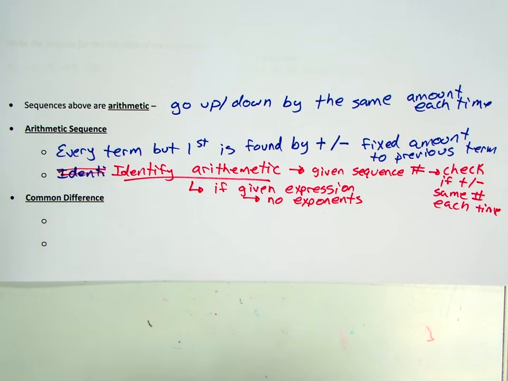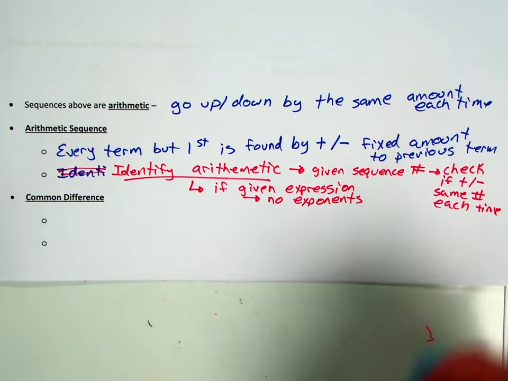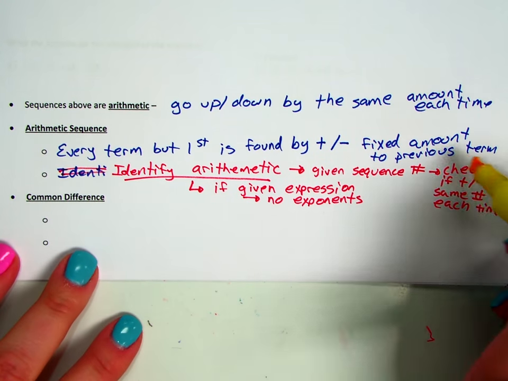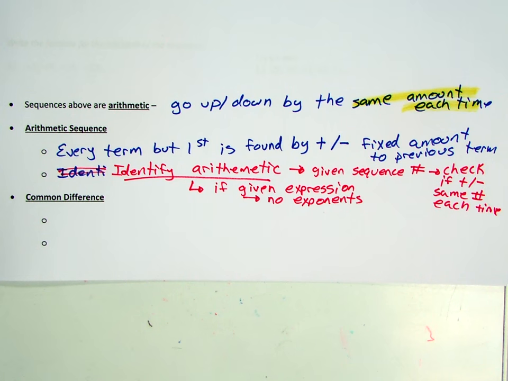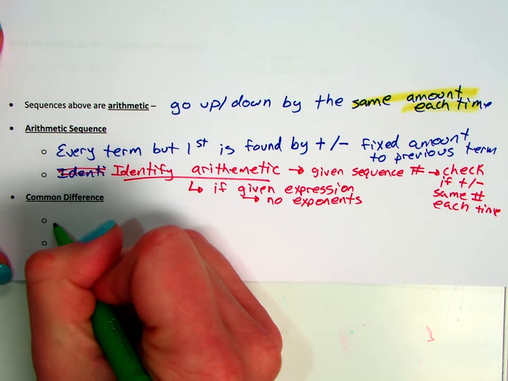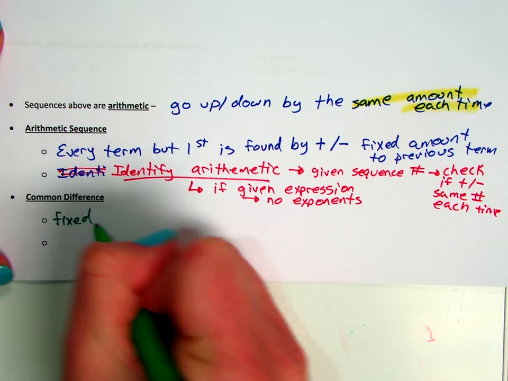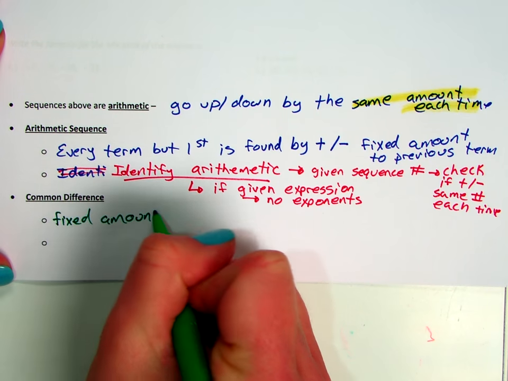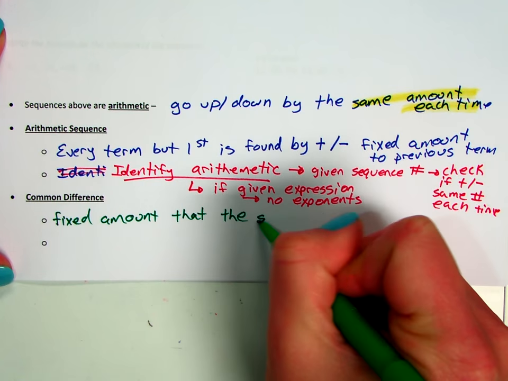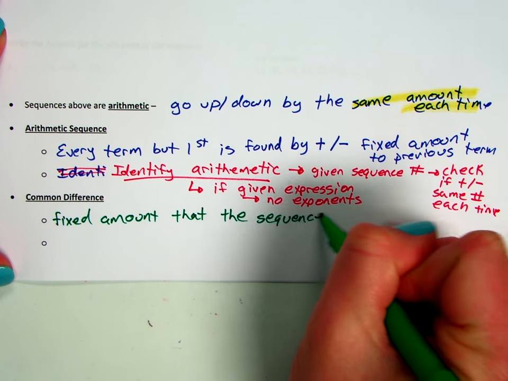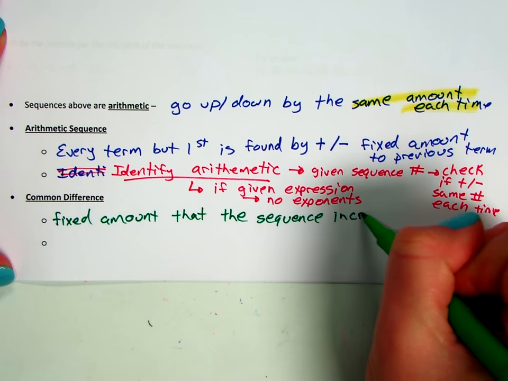Now, we keep talking about this amount that it goes up each time, this idea that it's going up by the same amount each time or going down by the same amount each time. That amount is called the common difference. So the common difference is the fixed amount that the sequence increases or decreases by.